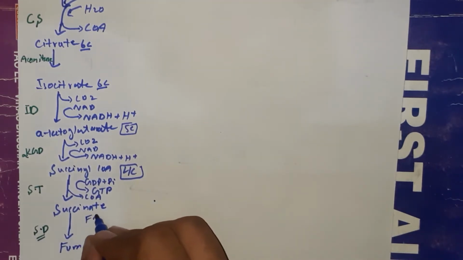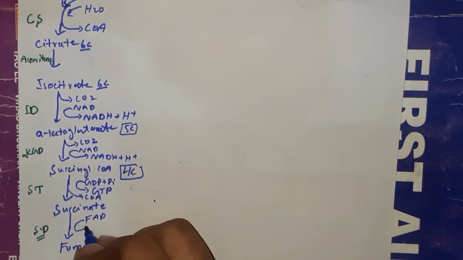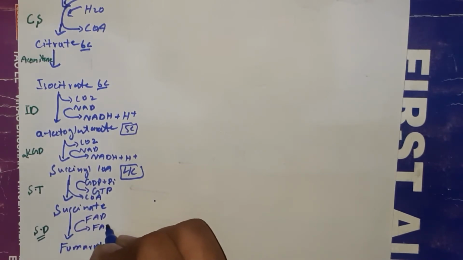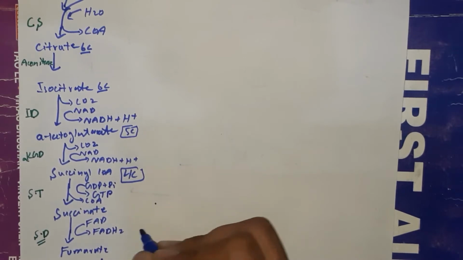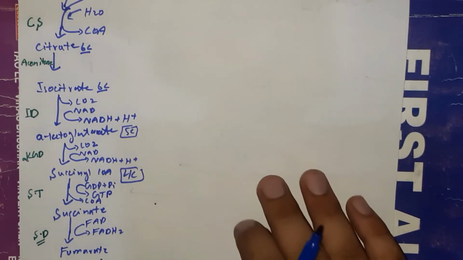Succinate dehydrogenase is embedded into the inner mitochondrial membrane, and it is a part of the electron transport chain also. In this reaction FAD comes and gets converted into FADH2. The energy released in this reaction is not sufficient to reduce NAD, so it reduces FAD into FADH2.